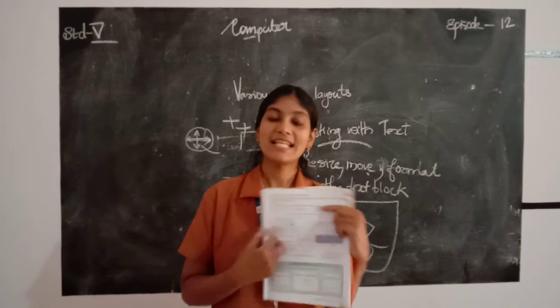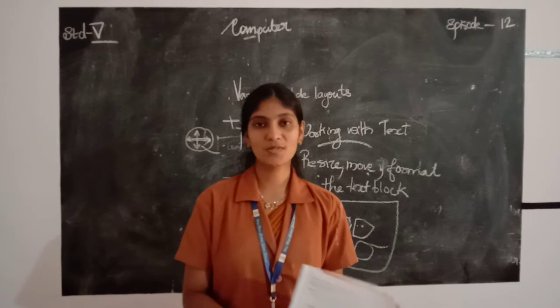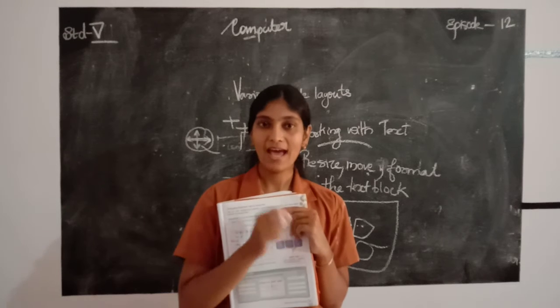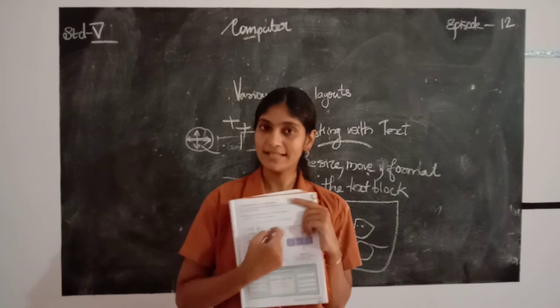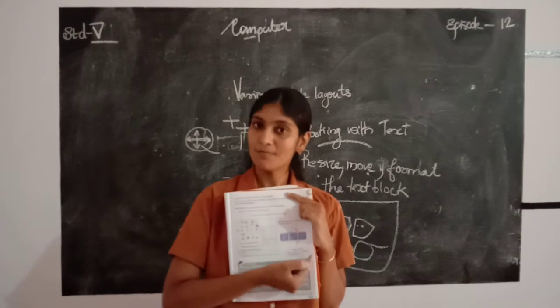Then next is changing bulleted text to smart art. This means if you write your content in a slide, you can change your bulleted information into a smart art list.